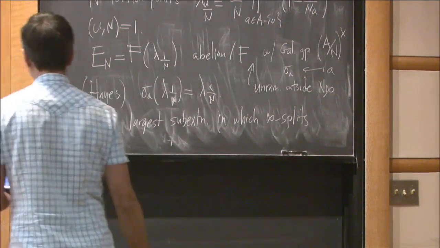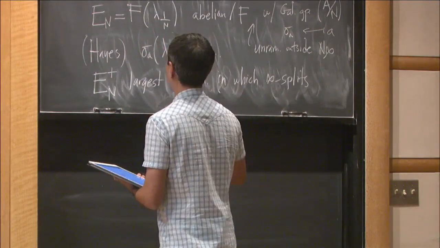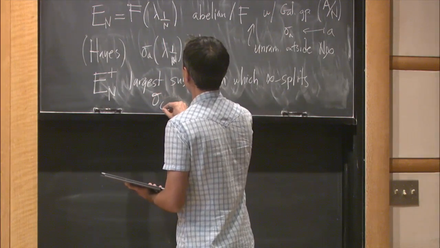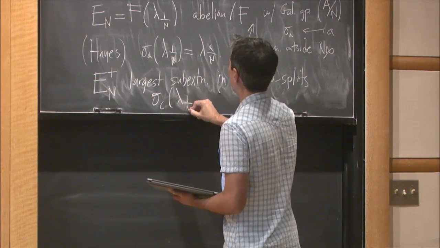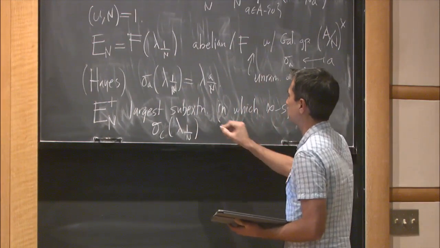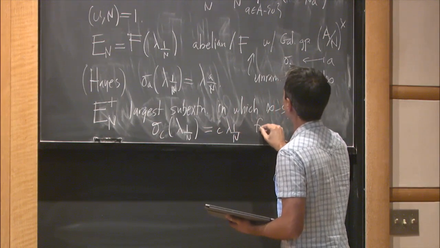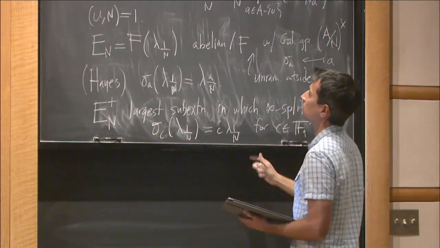Right, that's right. So that's the analog. In fact, if I take something in F_q^× and I ask how it acts on lambda_{1/n}, well, we have one description, and there's a second description, which is just c lambda_{1/n}. So all these nice properties.